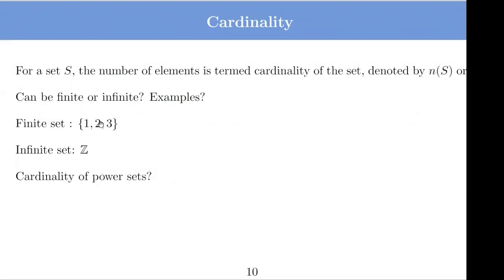So the cardinality of the power set of this set would be 8. In general, if you have n elements, the cardinality will be 2 to the power n. And that can be shown just by a simple combinatorics argument. The cardinality of the power set is generally bigger than the cardinality of the set itself, right? Because you are including all possible subsets.